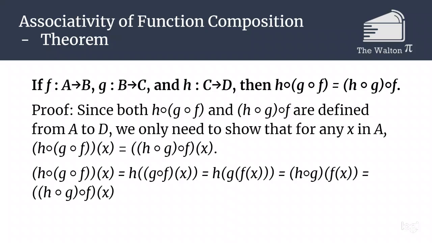As we have written out here, we can slowly break it down and then undo it to show that the two are actually equal. Therefore, the two functions are actually the same, so it doesn't matter the order that you associate the functions together with.